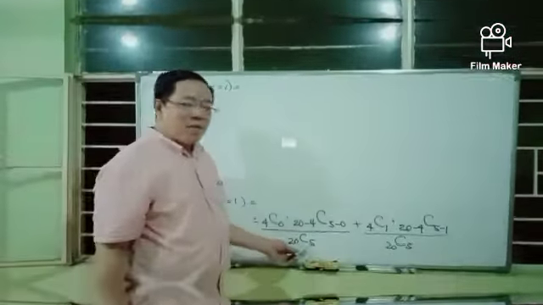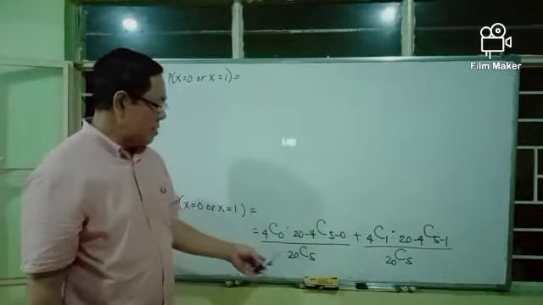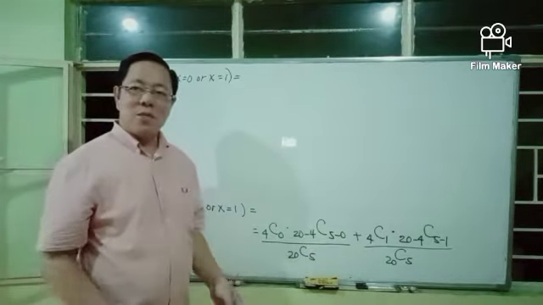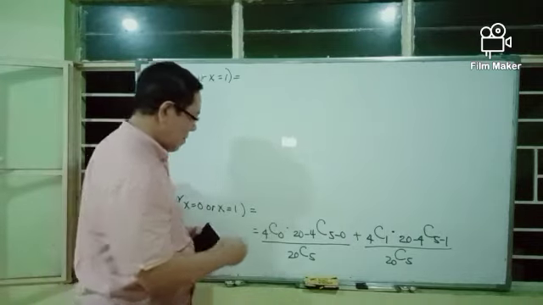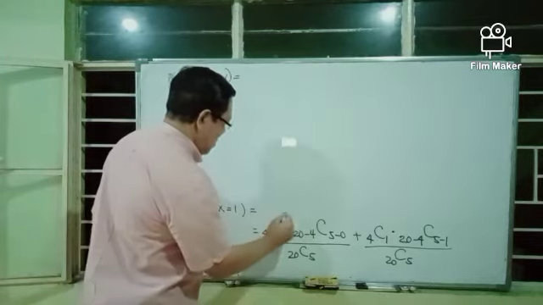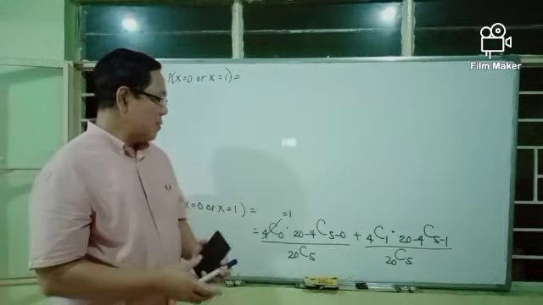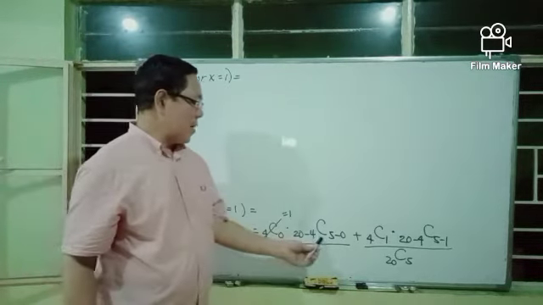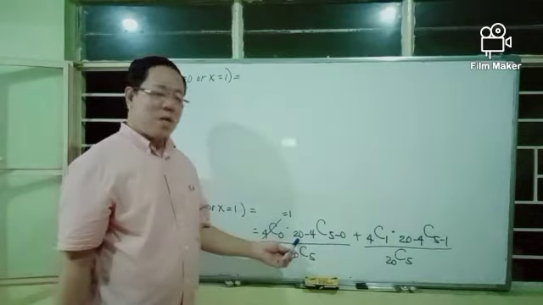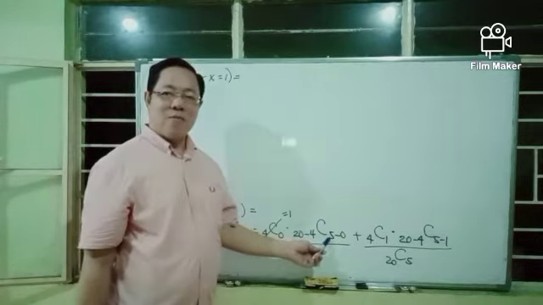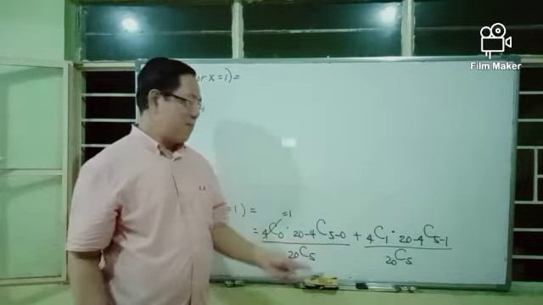We now compute the value of each of these. Combination of 4 taken 0 is 1, and you can check that using your calculator. And this simplifies to combination of 16, 20 minus 4 is 16, taken 5 at a time. 5 minus 0 is 5.